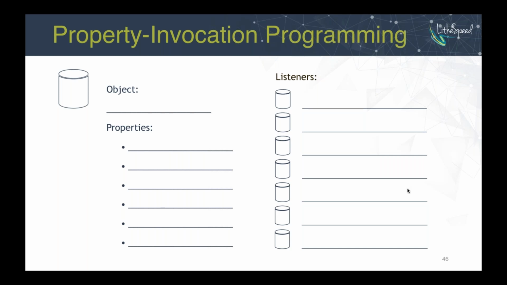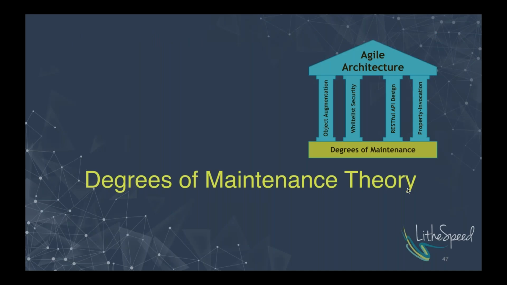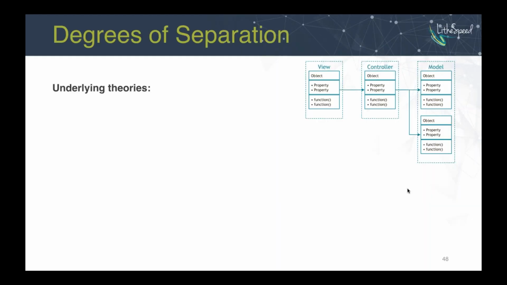And then the whitelist security became this other layer on top of it that made sure that none of this was insecure, and that we blocked every dangerous transaction at the source, at the database, just using client security to augment. And through all this process, I started finding these patterns and building these patterns all together, and it came up with this thing I call the degrees of maintenance theory. And this really then drove the definition of the architectures that I would use and my teams would use from this point on.